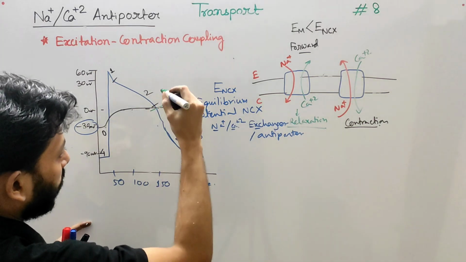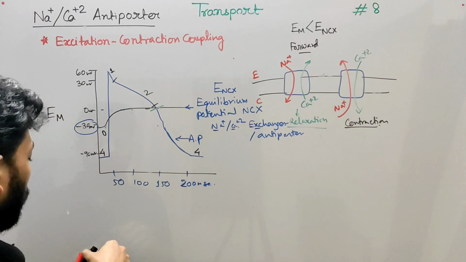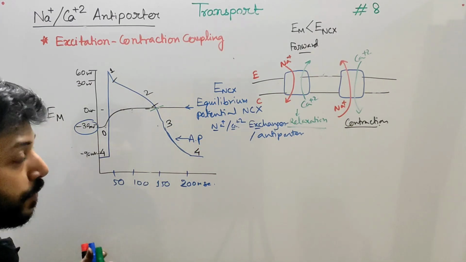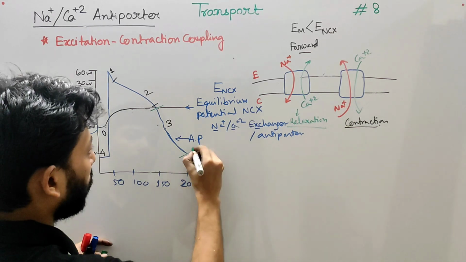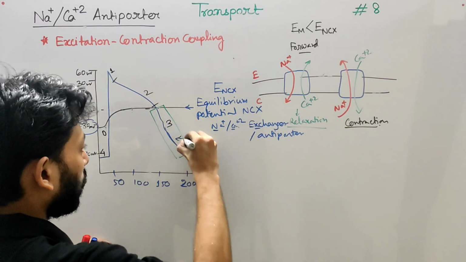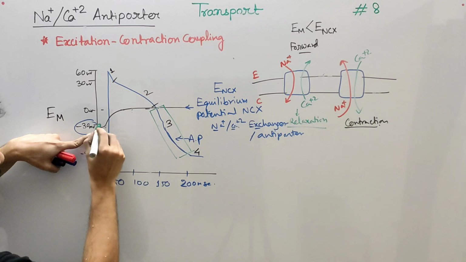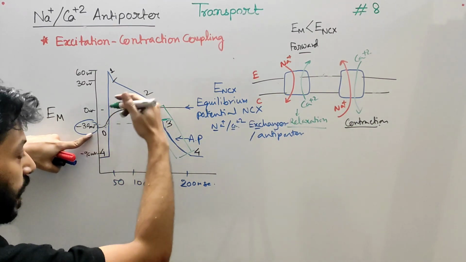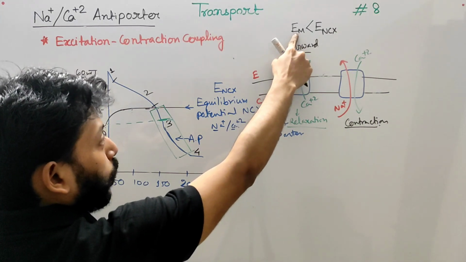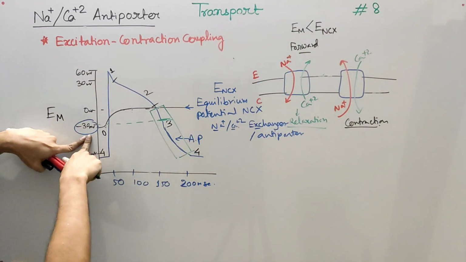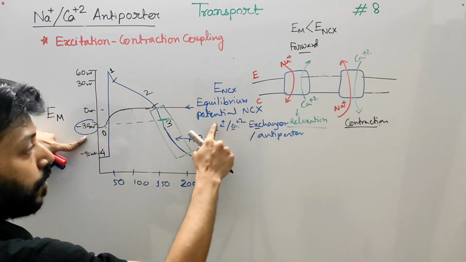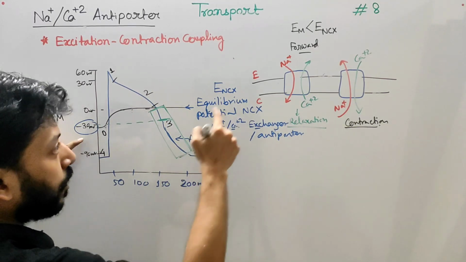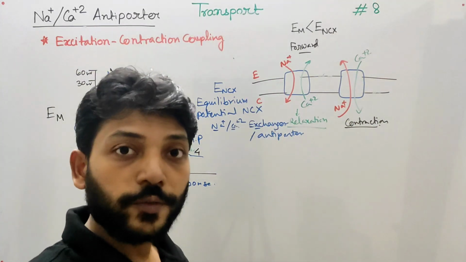In this time period, that means the third phase, the repolarization phase, as you can see, it is less than minus 30 millivolt, so the membrane potential is less than the equilibrium potential of the exchanger. So in this duration, the antiporter will work in forward movement.